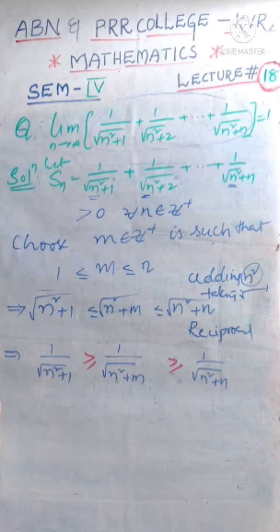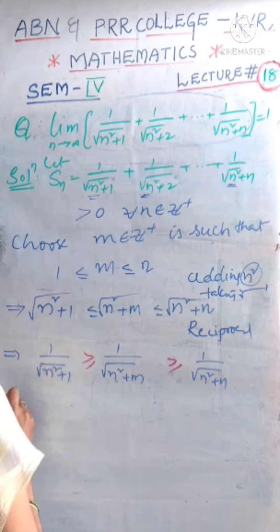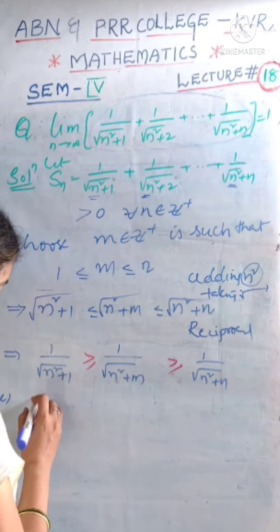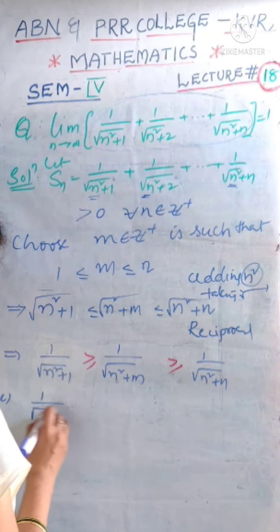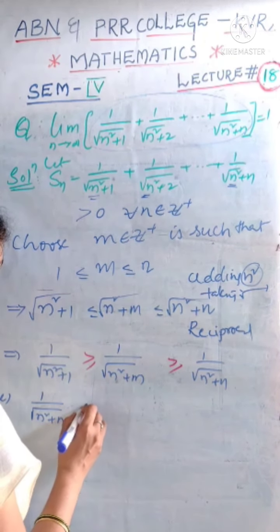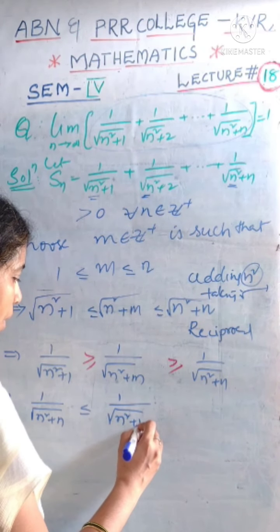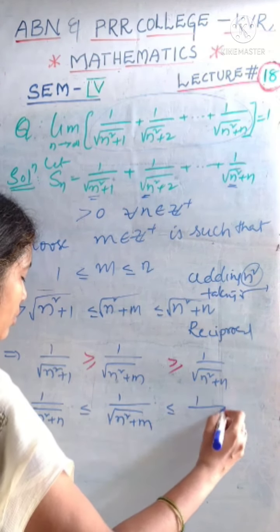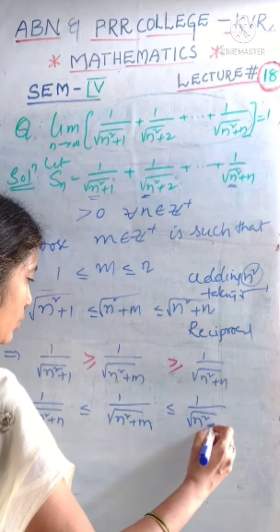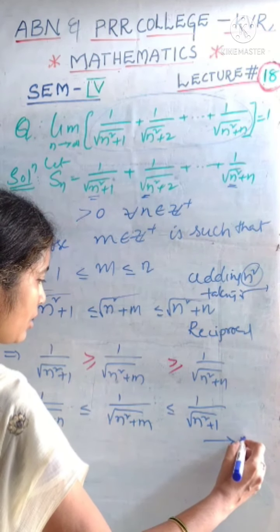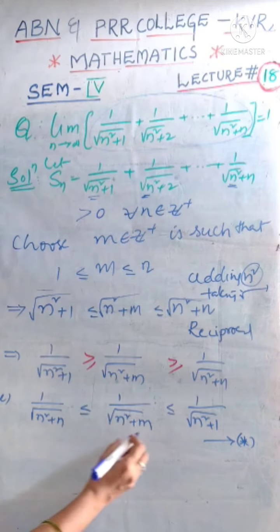Now we will write it in increasing order: 1 by square root of n square plus n is less than or equal to 1 by square root of n square plus m, which is less than or equal to 1 by square root of n square plus 1. Take it as equation star.